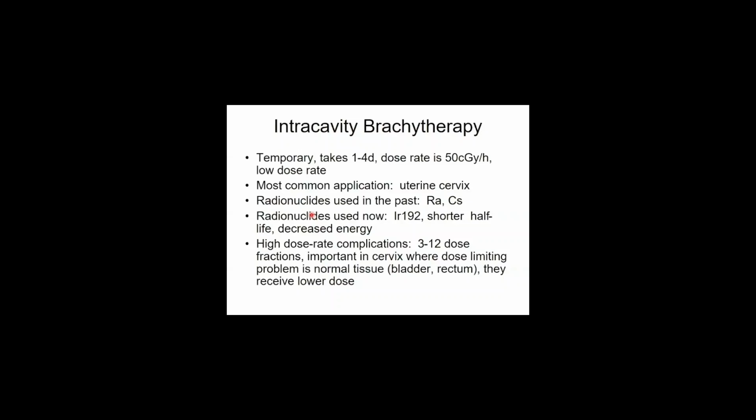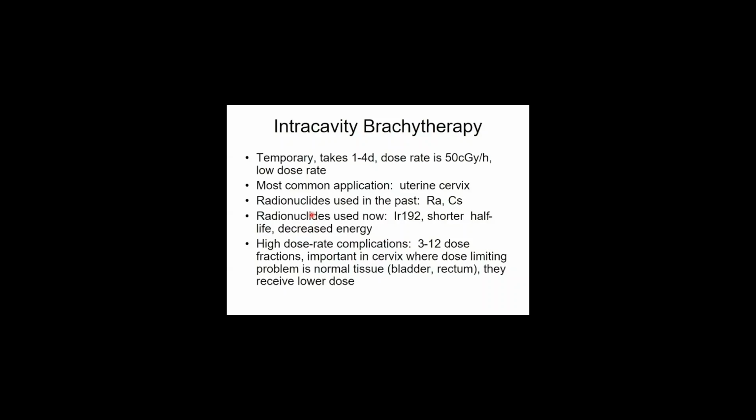Intracavity brachytherapy is usually a temporary source. It goes in for a few days. The dose rate is 5 centigray per hour, for instance. Uterine cervix is the prime example I know. We used to use radium and cesium. Now we tend to use iridium, which gives lower energy, but it has a shorter half-life. Why do we use this in the uterine cervix?